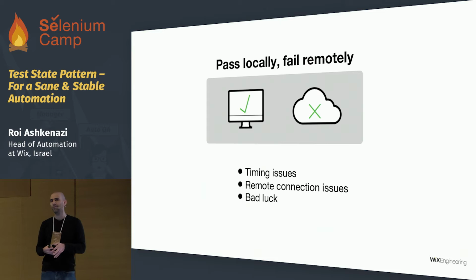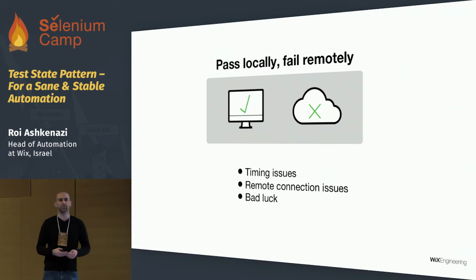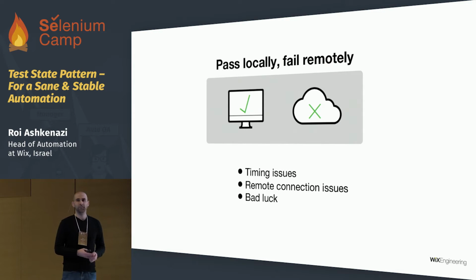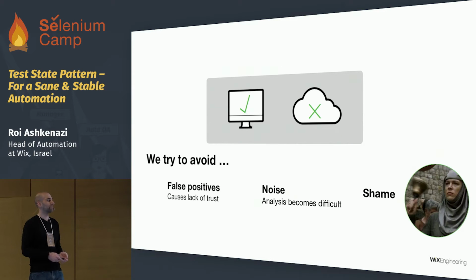And then when we try to test it remotely in some kind of CI or whatever, and it's running with a lot of other tests, it suddenly starts to fail, and we get some flakiness. And usually it's because of timing errors or just remote connection, which sometimes break. And of course, we also have bad luck sometimes. And this is, of course, really not good, and this is what we try to avoid.